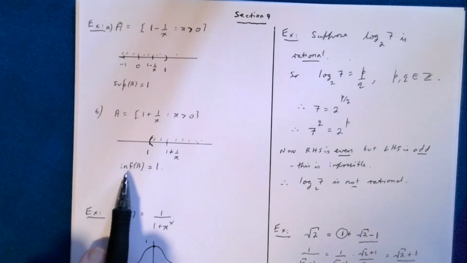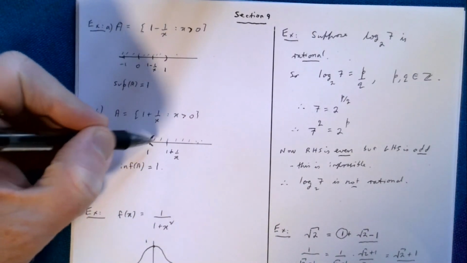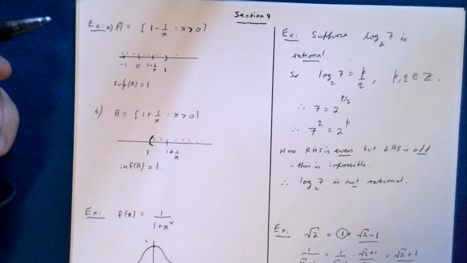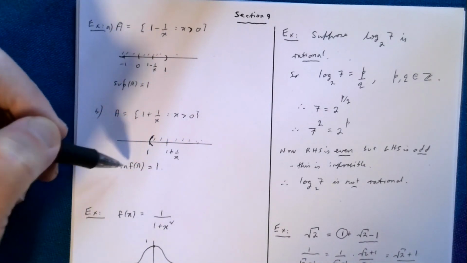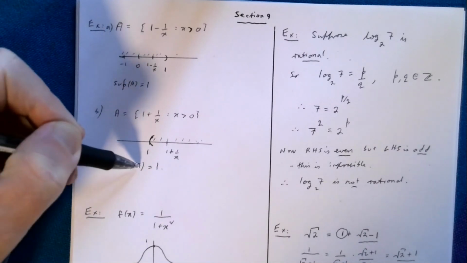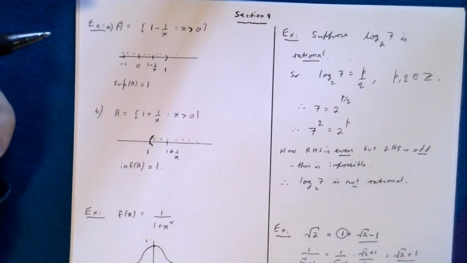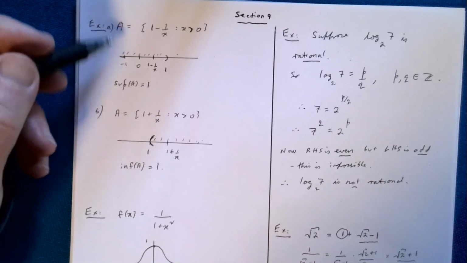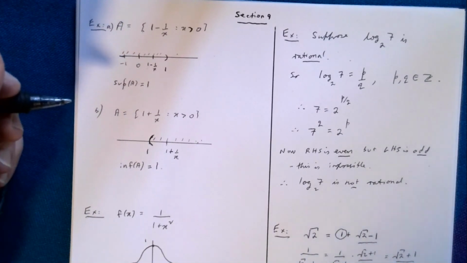So 1 is a lower bound for this set, and in fact it's the greatest lower bound, and we call that the infimum, and we write inf of A equals 1. And I'll continue with this idea in the next recording.